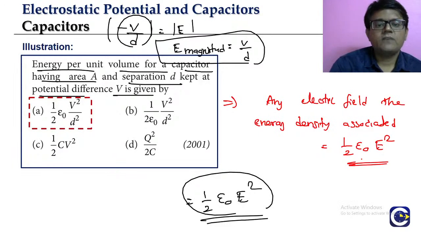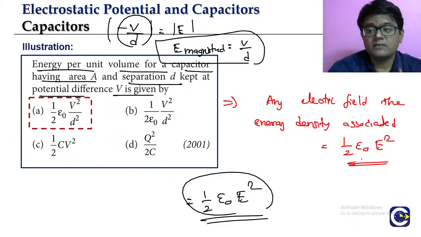This derivation we have done by using the example of the parallel plate capacitor, but this result will be true everywhere. Wherever there is an electric field in a particular region, we will have energy that is spread. The energy density associated with the electric field is half into epsilon naught into E square.